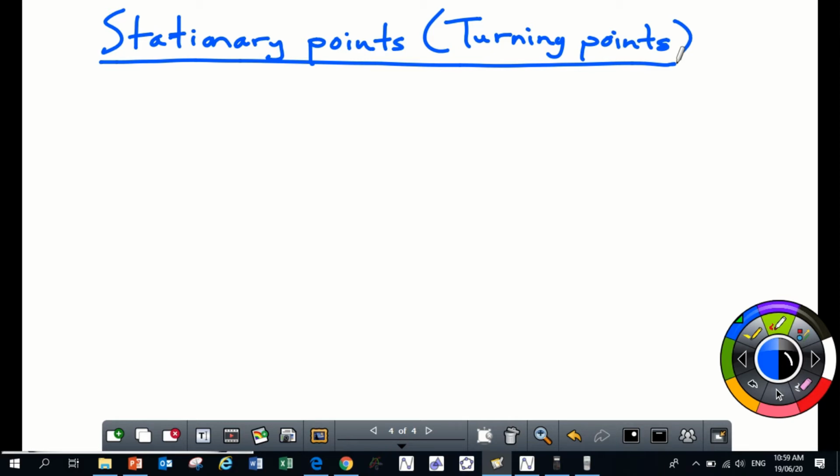Can you please write this down? Always remember that the gradient of a function and the gradient of a tangent at a point are equal.